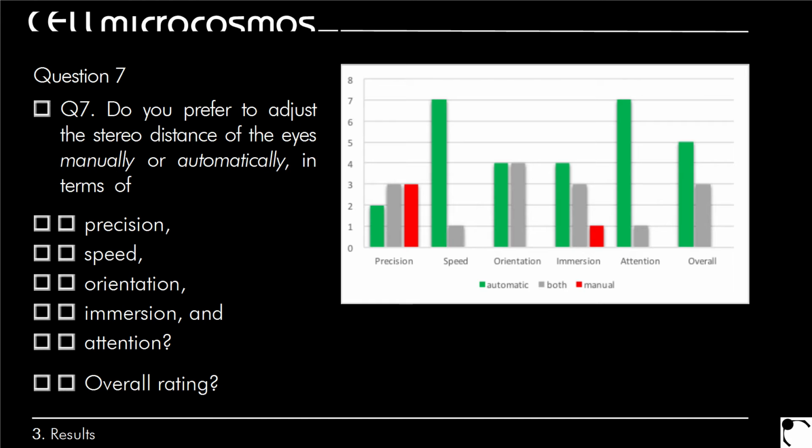And of course, as you know, we were using 2 semi-immersive displays. So you don't have the full immersion with that. And then finally here, important, the precisions you see, there's only a very small advantage for the manual adjustment, and the automatic one is still quite nice.